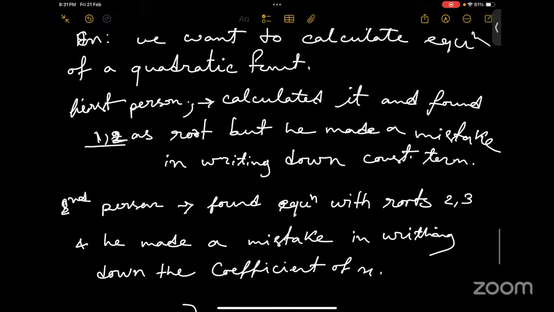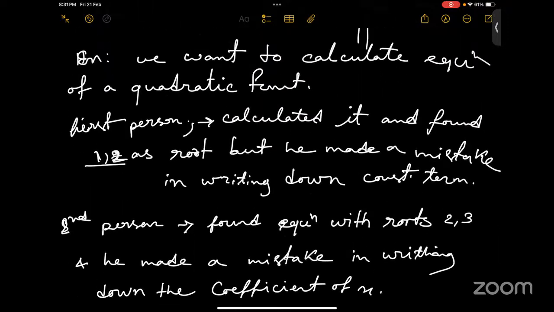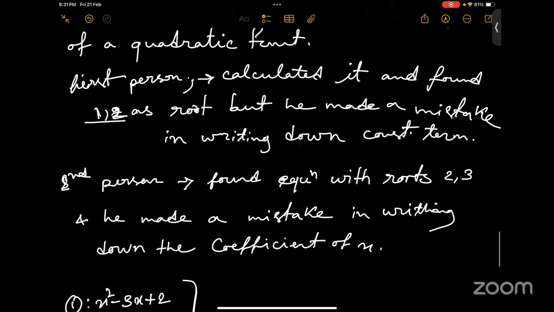So we have to find the required equation, the exact equation. The first person made a mistake. He found the equation with roots 1 and 2, but he made a mistake in writing down the constant term. That means the constant term is not the correct one.